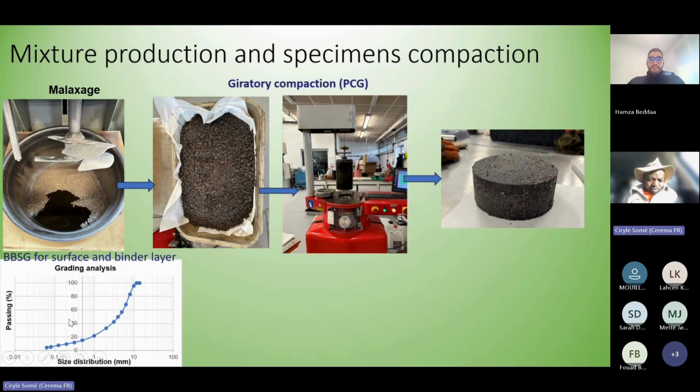So the largest diameter of the aggregate for road application here is approximately 10 millimeters, and the smallest one is approximately 0.063 millimeters. And this type of material, in French designation, is called BBSG, as I have written here. And this type of pavement is used for binder and surface courses of the pavement.